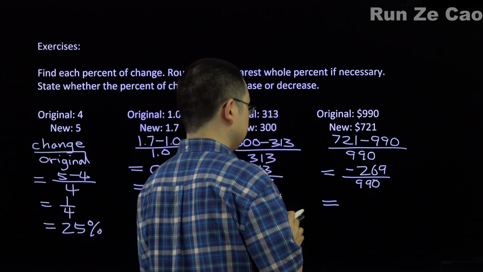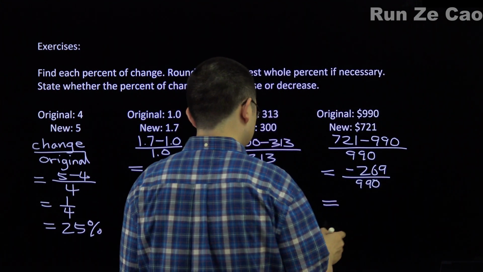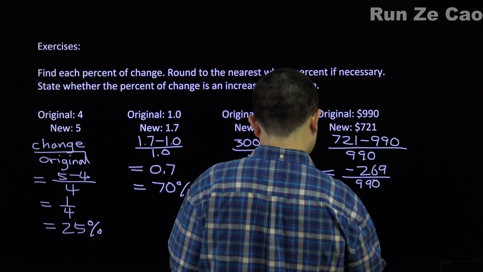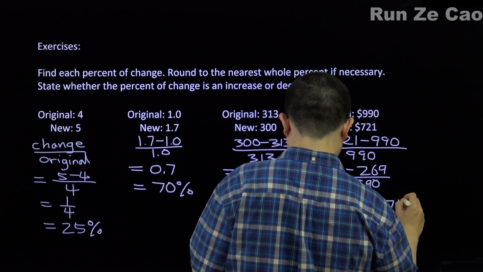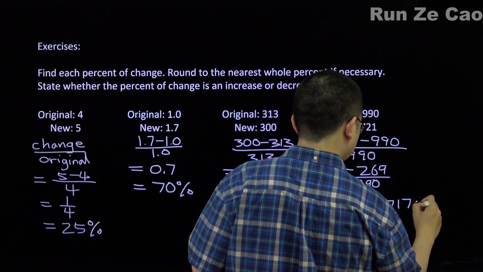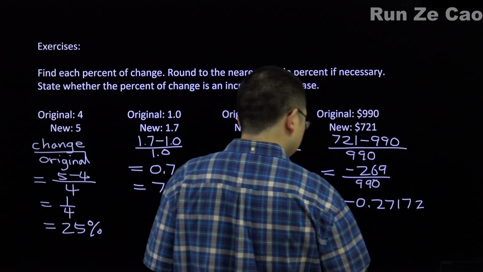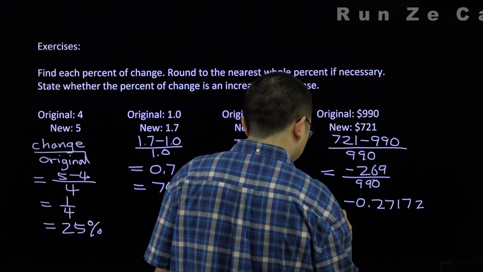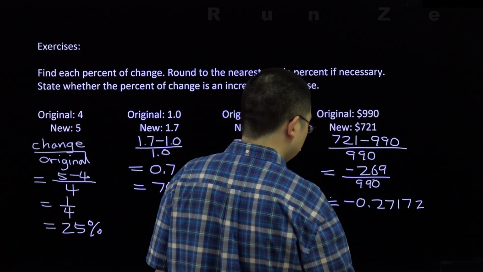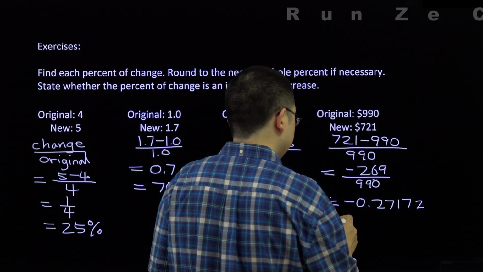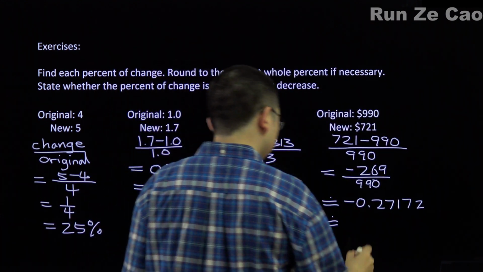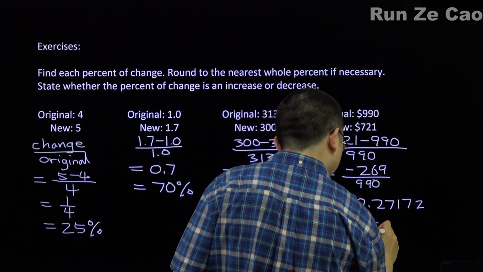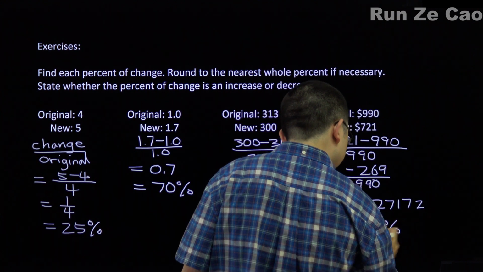Oh, it's approximately negative 0.271717. Oh, okay. Yeah, so it repeats. And you would then go, this is approximately, it says, to the nearest whole percent, so negative 27%.